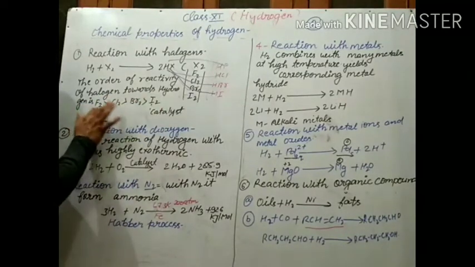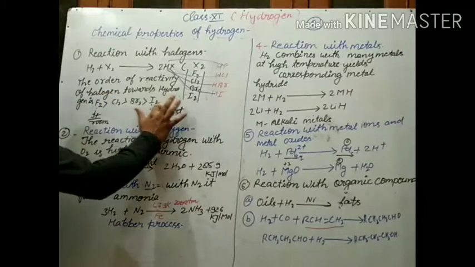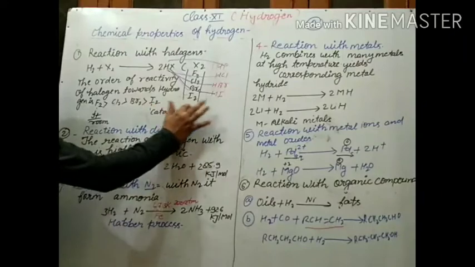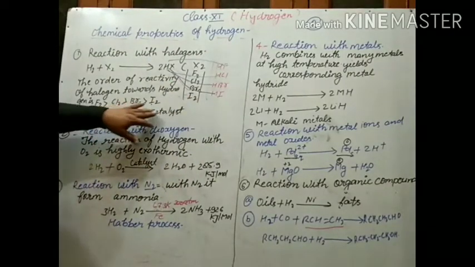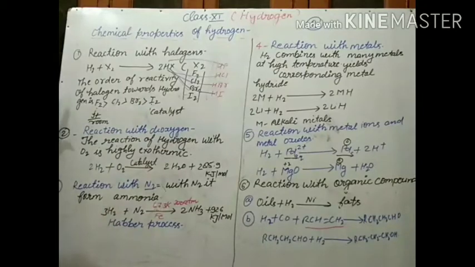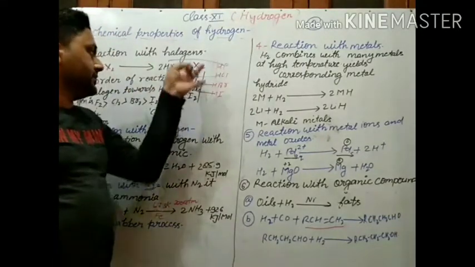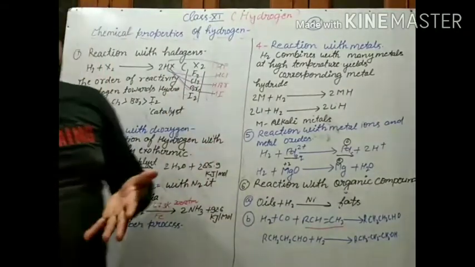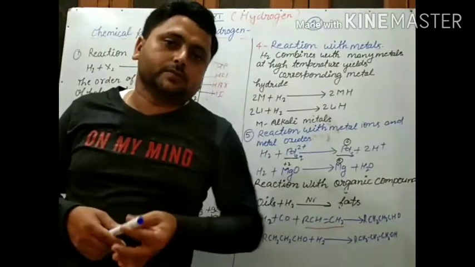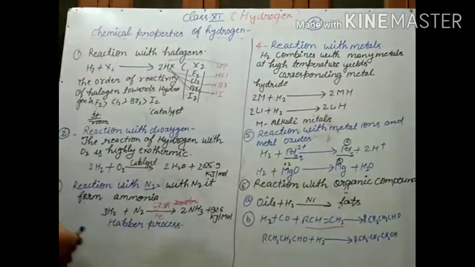F2 reacts at room temperature and I2 reacts in presence of a catalyst. So you may remember that the reactivity of halogens decreases down the group, or in other words, the reactivity of halogens decreases with the decrease in electronegativity.